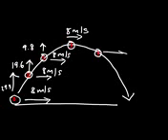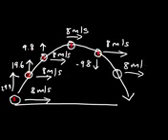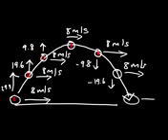Well, Vx is still the same. It's still 8 meters per second, but now it's going down. So Vy is negative 9.8. And then 5 seconds later, Vx is still the same, but Vy is now negative 19.6. And 6 seconds later, Vy is going to be negative 29.4.